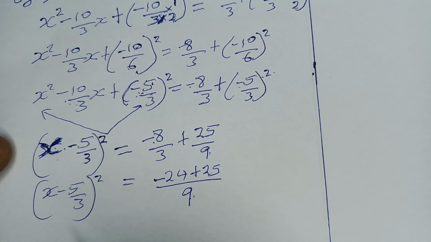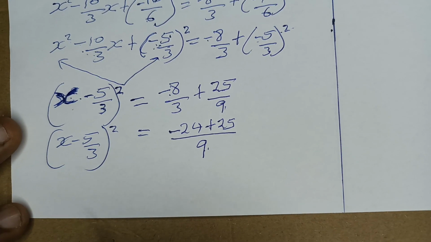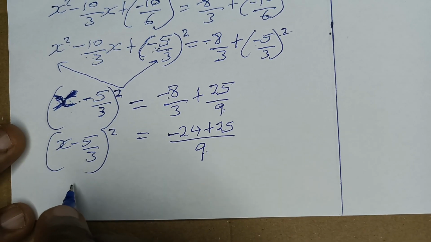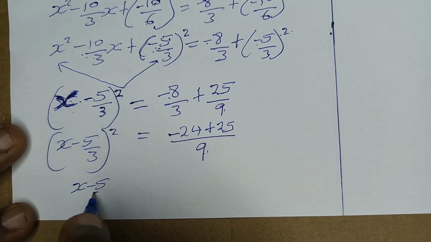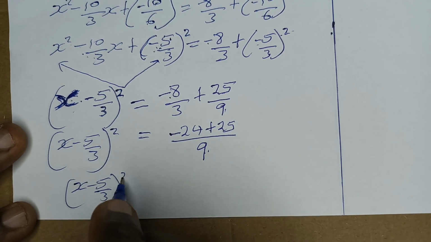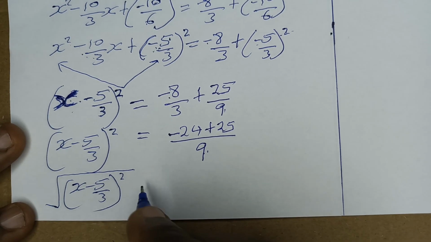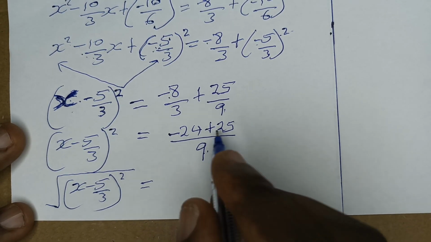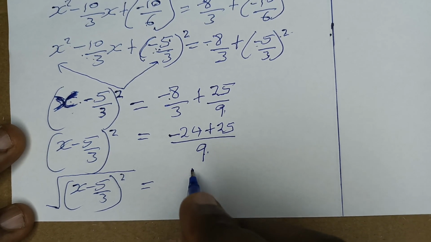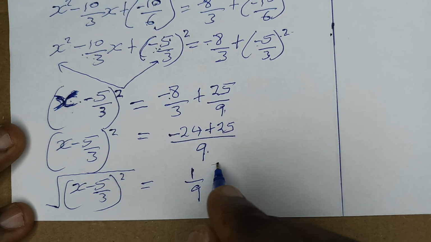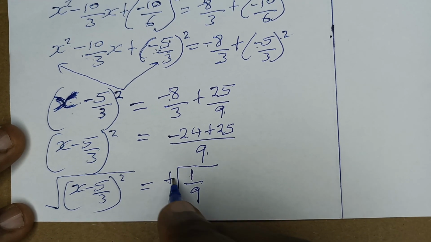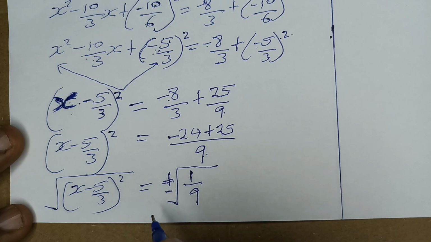Now what do we do? We find the square root of both sides. So x minus 5 over 3 squared, we find the square root. Minus 24 plus 25 is 1 over 9. Once we find the square root here, we must put plus or minus.